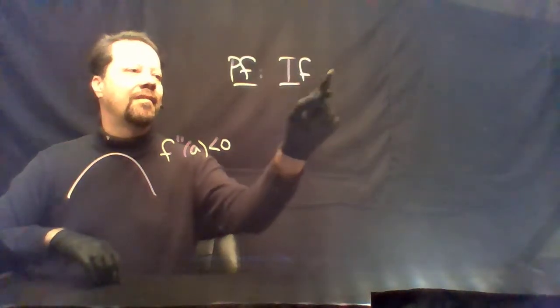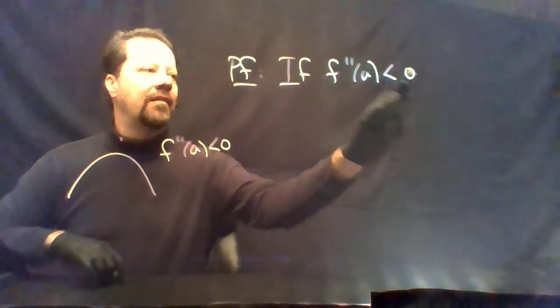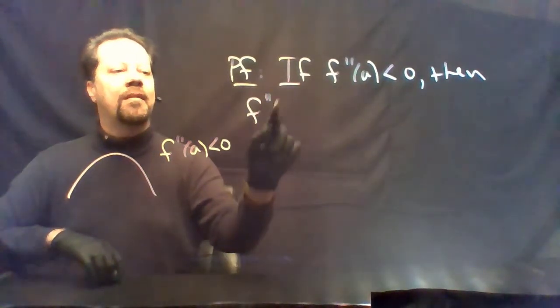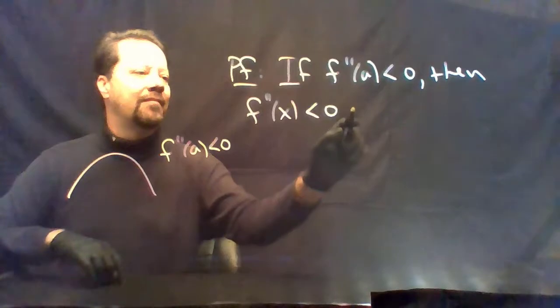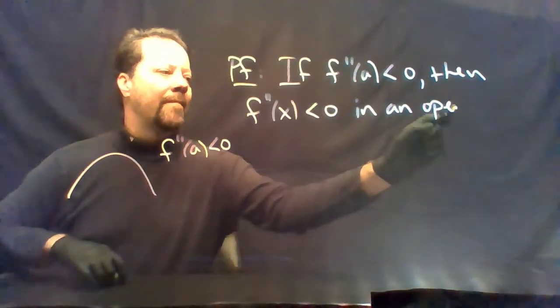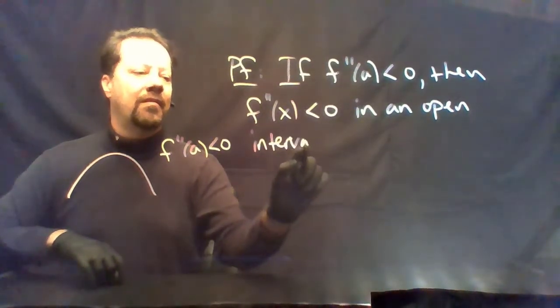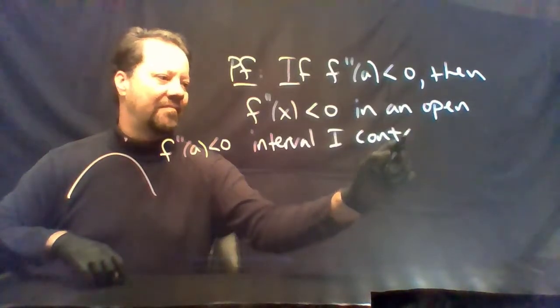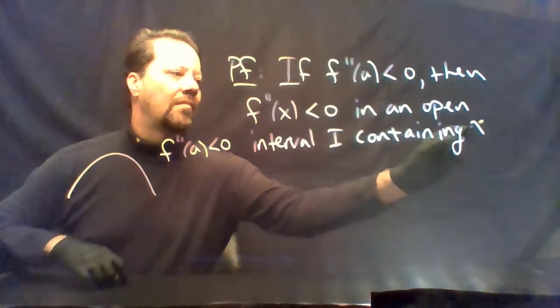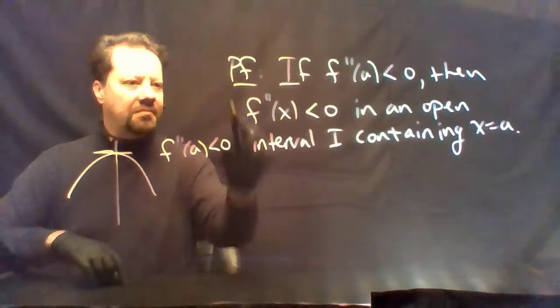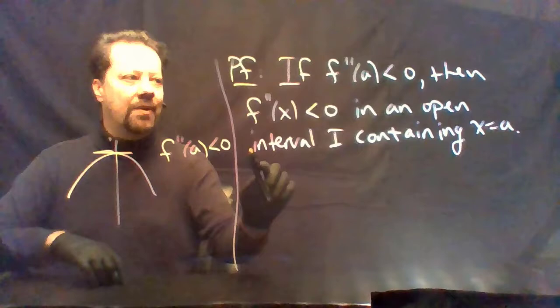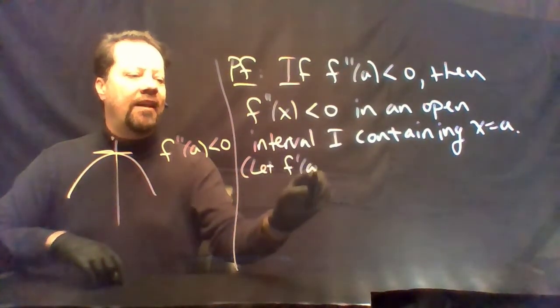The idea being that if f double prime at A is negative, then f double prime being continuous will be negative in some neighborhood containing A. So if the slope there is 0 at this critical point, we'll suppose, of course, f prime at A equal to 0.